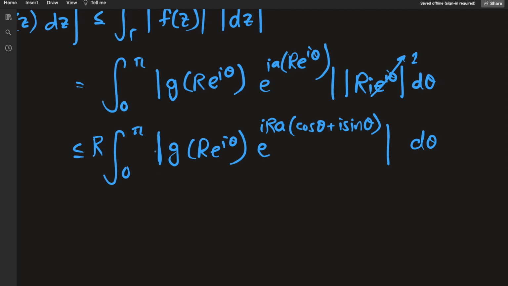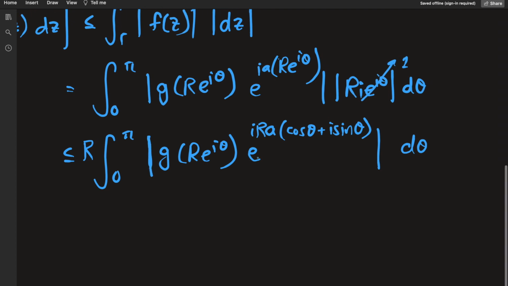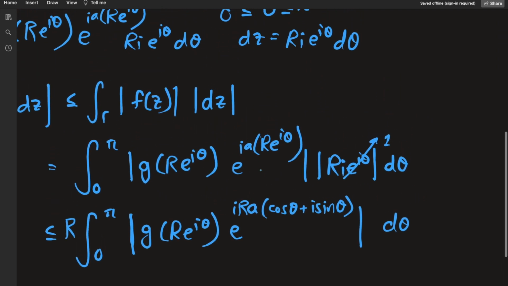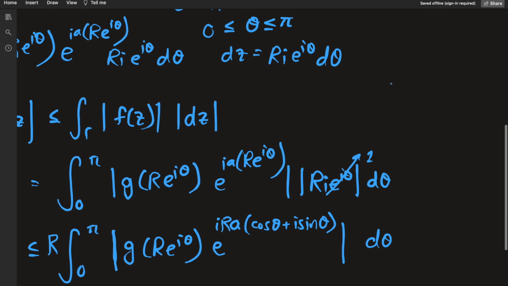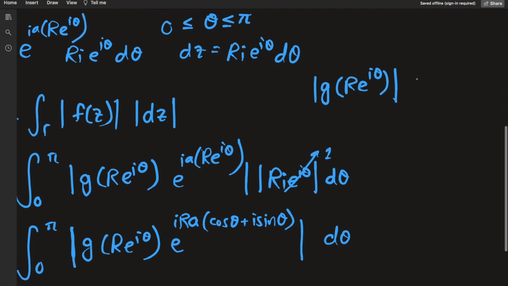Now I would like to say that this function achieves its maximum, or rather the way to say it is it's bounded. So g of r times e to the i theta, the absolute value of that is less than or equal to some max m of r on this interval of 0 to pi.